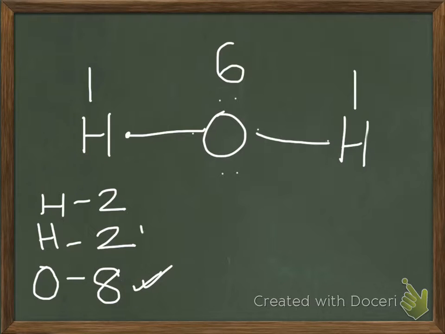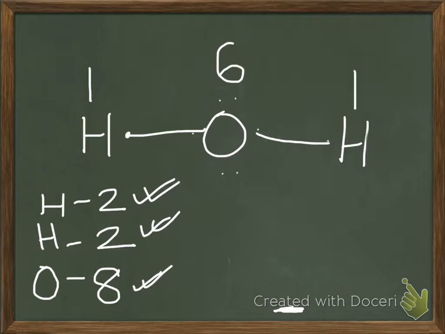So every element becomes stable, as I said. In order to attain stability, chemical bonds occur for elements to become stable and complete their octet configuration.